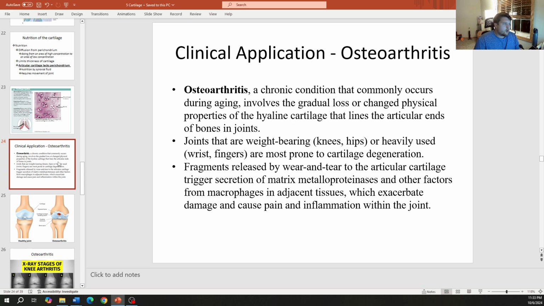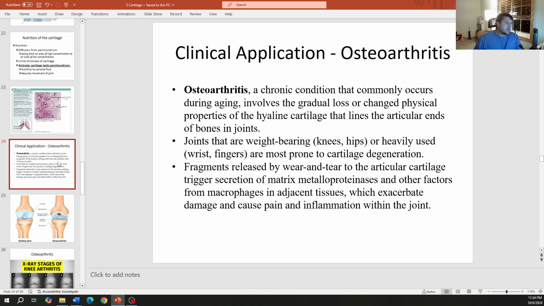On that same note, we look at a condition like osteoarthritis: bone arthritis, itis meaning inflammation, arthro meaning joint, so bony joint inflamed. So inflammation of a bony joint.